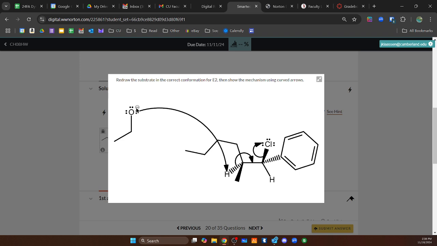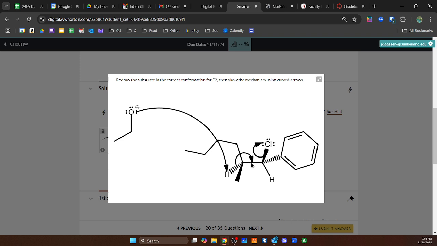So we have the alkoxide. It attacks the hydrogen here. This is going to leave the electrons into what will be the double bond later, and then the chloride is going to leave. Now note that this actually sets the geometry for this double bond, which will then trap that geometry into your E/Z configuration. And so if you look very closely here, what you have to remember is we're having this chlorine leave from up towards us.